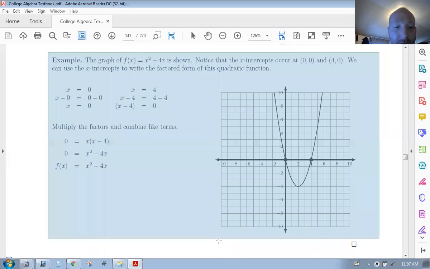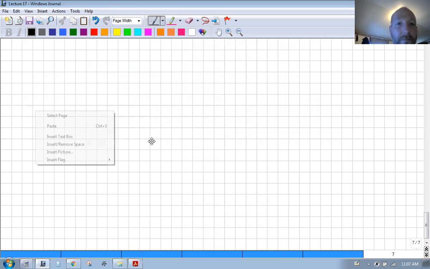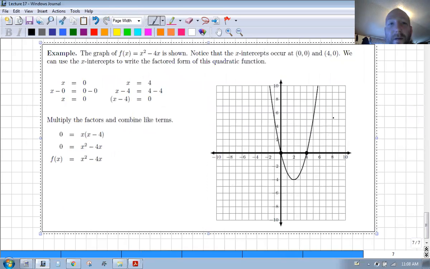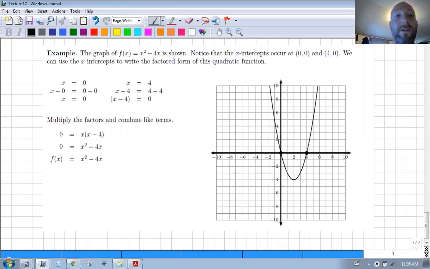Another example. All right, x squared minus 4x is shown. Note that the x-intercepts occur at (0, 0) and (4, 0). So if we use the intercepts to write the factored form, we'd have x minus 0 and x minus 4. x minus 0 is just x.